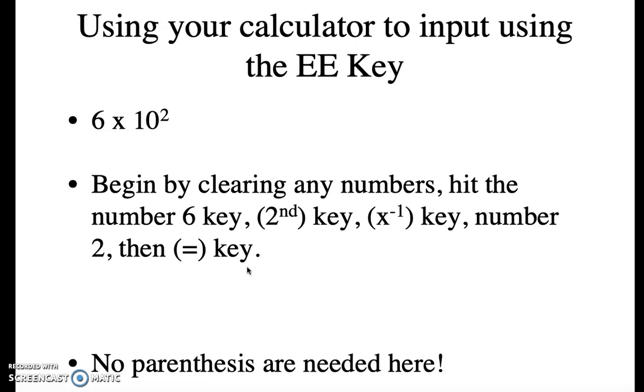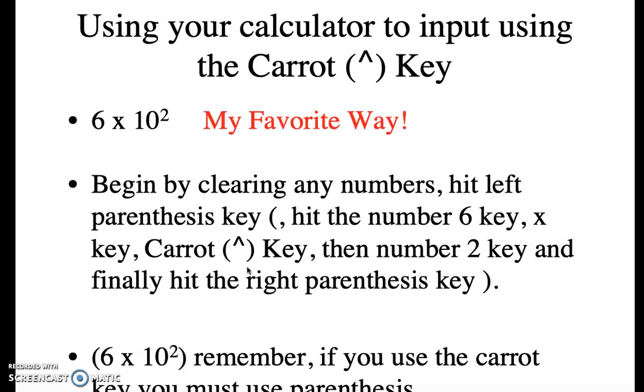Now, there is another way to do it. This is the way I did it using graphing calculators. Some graphing calculators have a function where it automatically puts in an open parenthesis. It's something we were taught back in the day, but really quick, similar. You're putting a number in scientific notation. So if you use the caret key, you can do this too. Begin by clearing any numbers, hit the left parenthesis key.